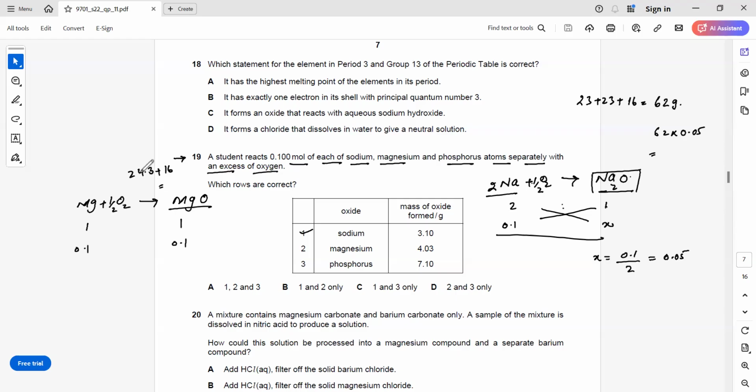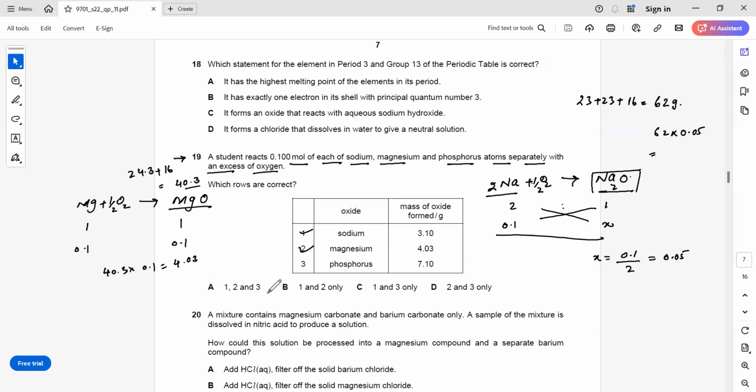So the molar mass is 40.3, right? If we multiply it with its moles, 0.1, the answer is 4.03. It means this is correct.